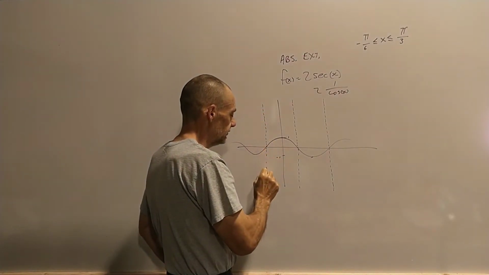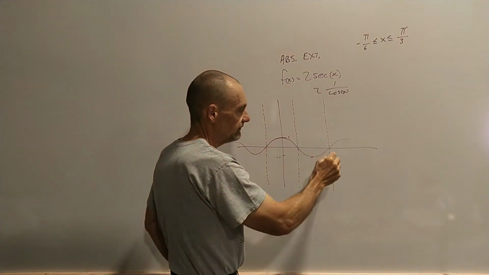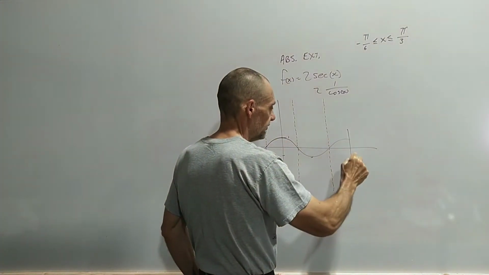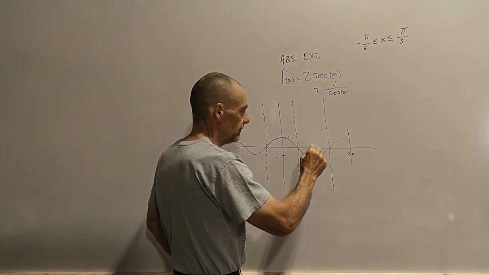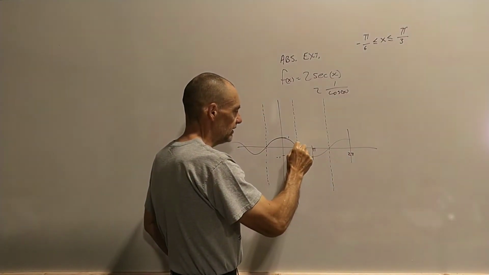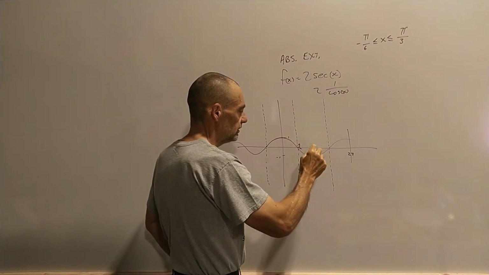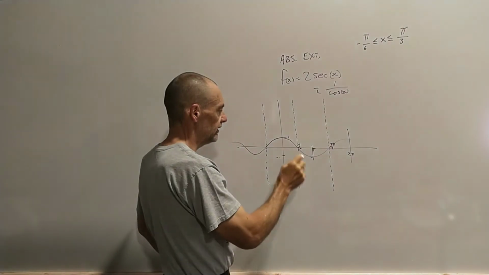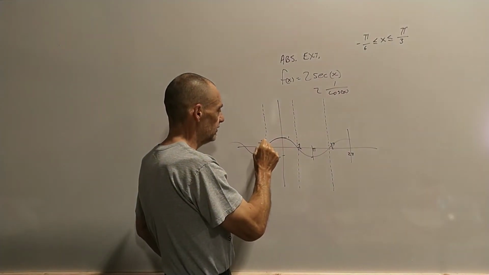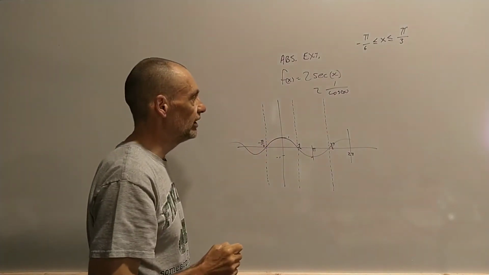Now we know that the period of the cosine function is 2 pi. So this is going to be 2 pi, so this must be pi, so this must be pi over 2, 3 pi over 2, 4 pi over 2, right? So this is going to be negative pi over 2. So this is what we're looking at.